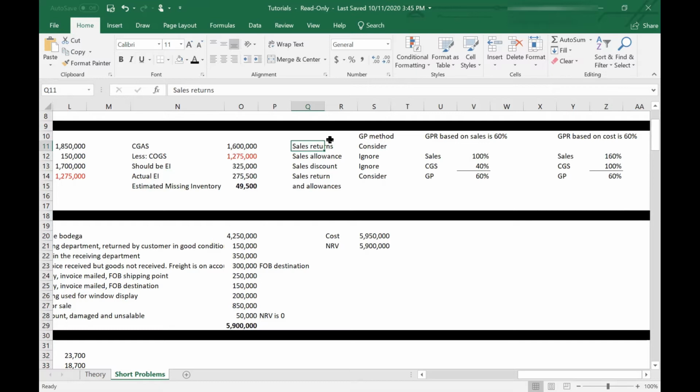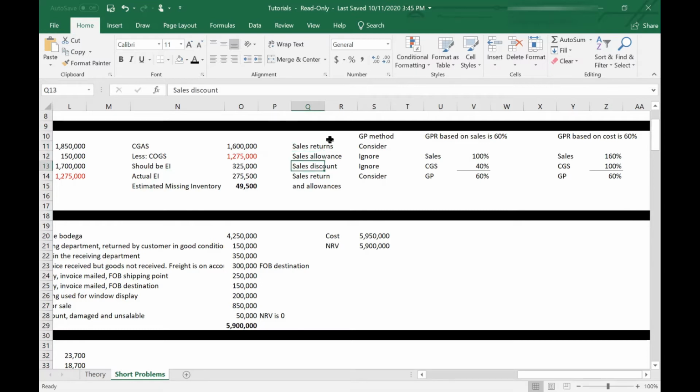If it's sales return, you consider it in the analysis because, as mentioned in the previous video, sales return involves the actual return of the inventory.